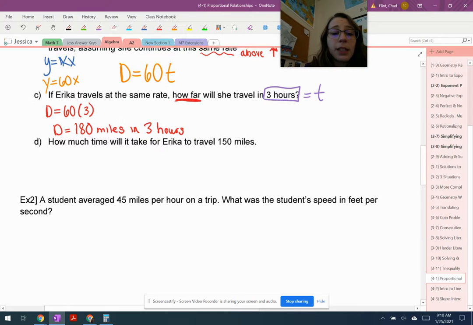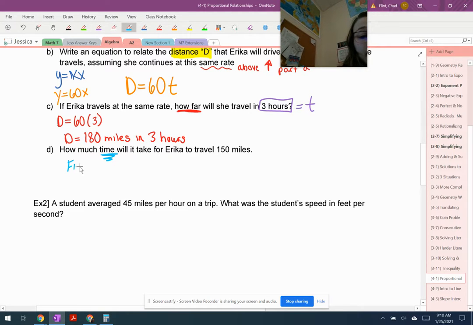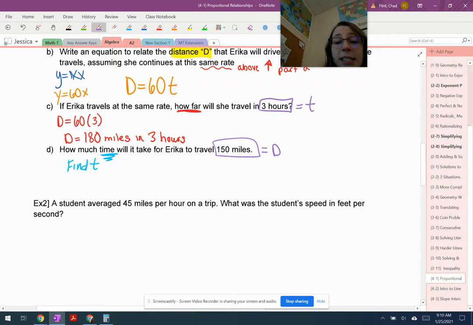And last but not least, this time, they're asking us how much time. So in this situation, they're asking me to find t. How much time will it take for Erica to travel 150 miles? So 150 miles is the distance this time.